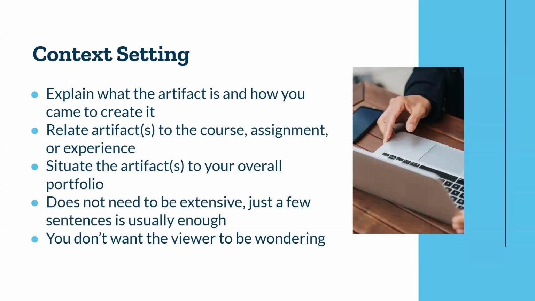So you need to explain, if it was for a particular course, what you were asked to do for the assignment, that kind of thing. Relate it to the course, the assignment, or experience. Sometimes it's not necessarily an assignment that you've been given, but you don't want someone to sit there looking at an example in your portfolio and have a lot of questions. You want to pretty much explain most of what you're trying to show them.